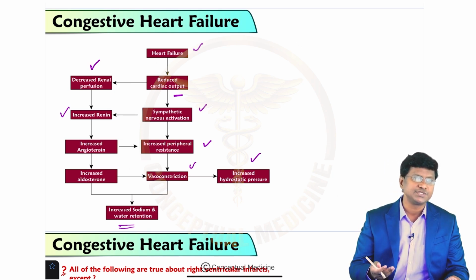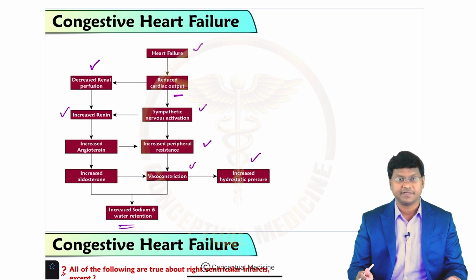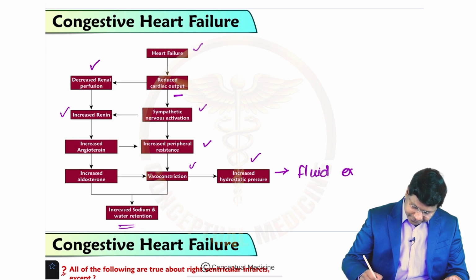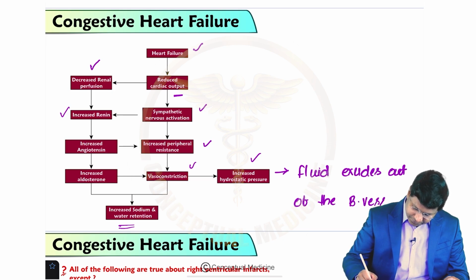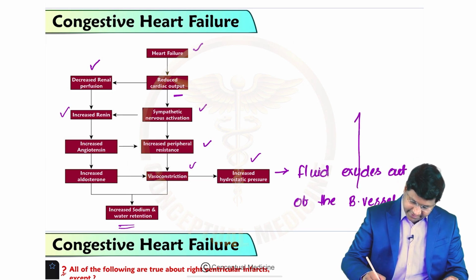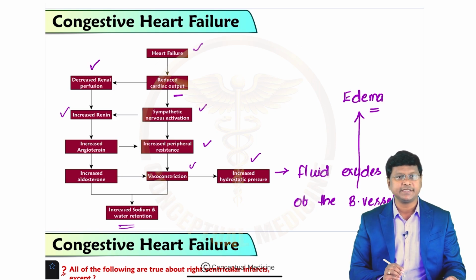So in these patients with congestive heart failure, because of the activation of compensatory mechanisms, there is an increase in the hydrostatic pressure, and once there is increase in hydrostatic pressure, the fluid exudes out of the blood vessel, and that will result in edema.